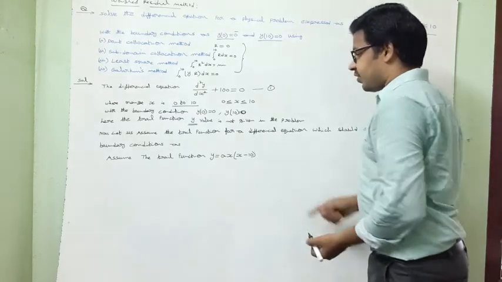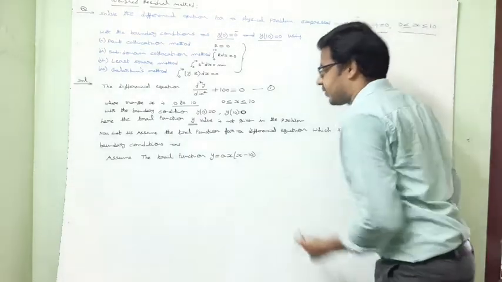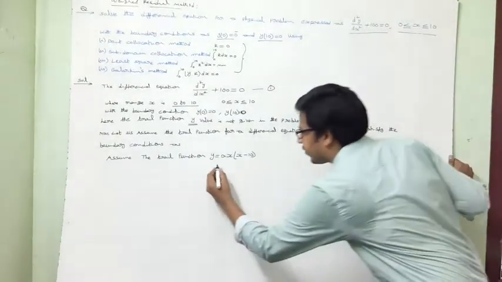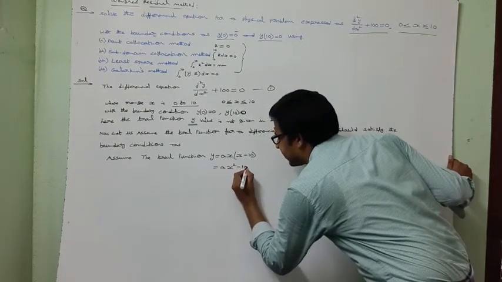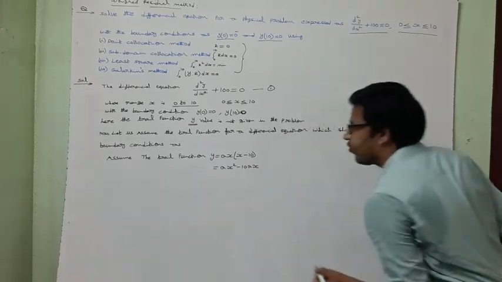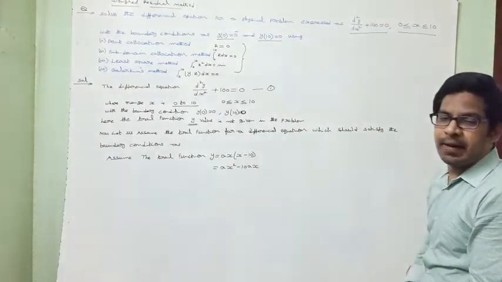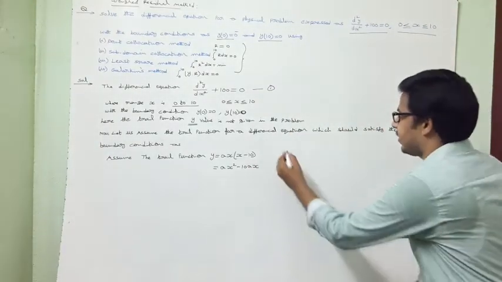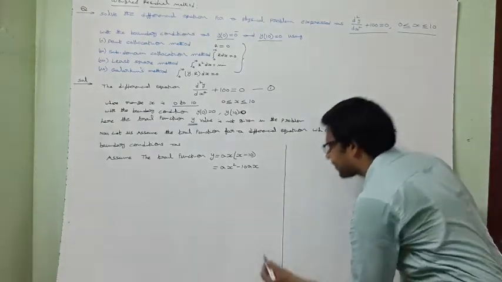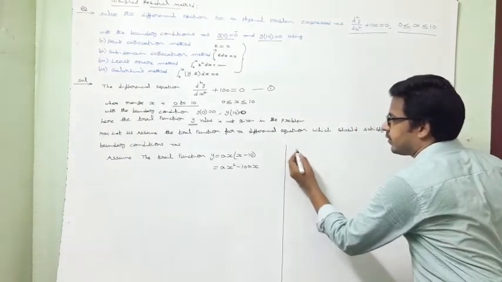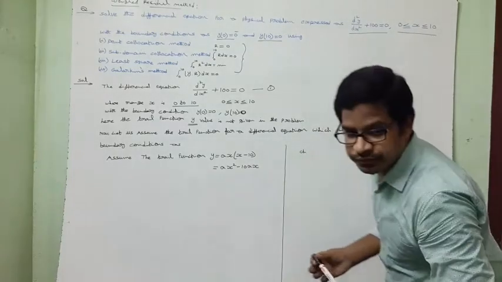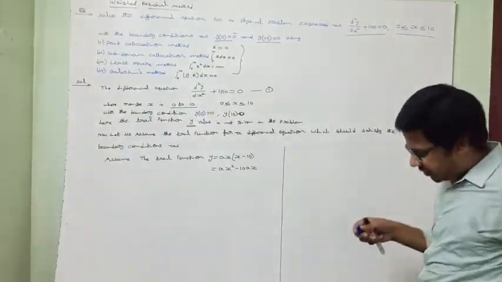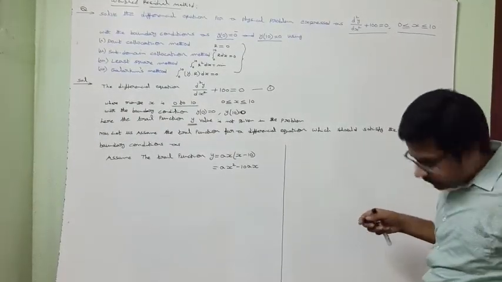So y equal to ax square minus 10ax. Now the boundary conditions.